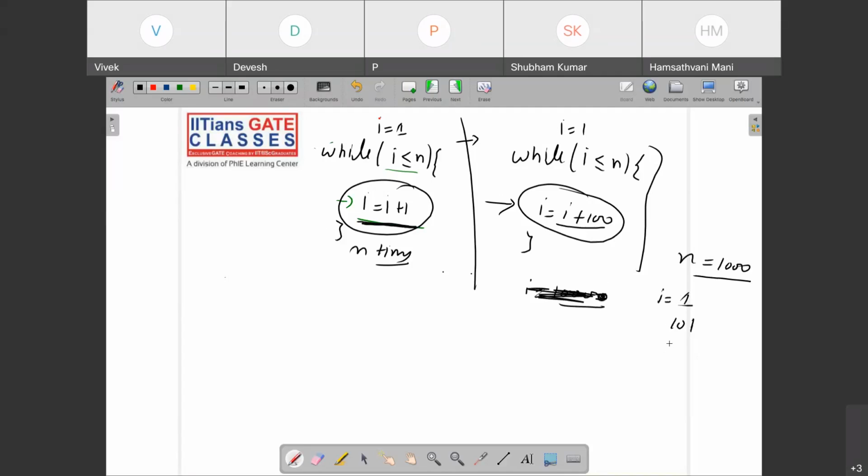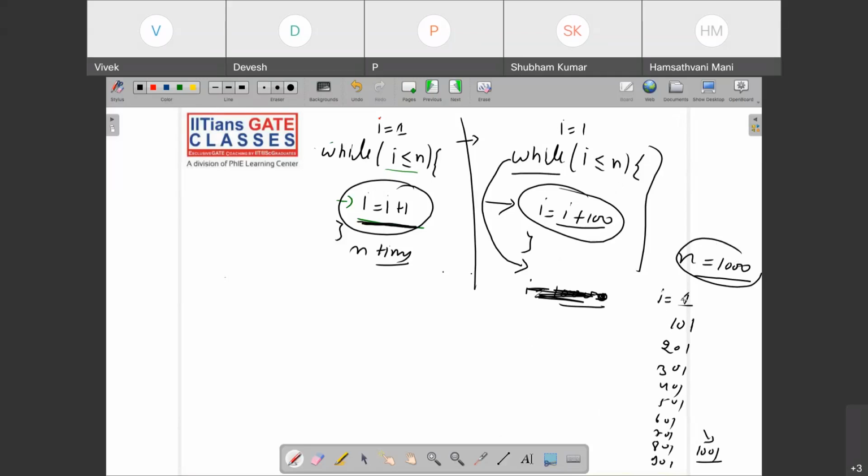After the second execution, it will be 201, then 301, 401, 501, 601, 701, 801, 901, and 1001. Once the value of I becomes 1001, the while loop will end, because the condition I is less than or equal to n will fail. The value of n is 1000.